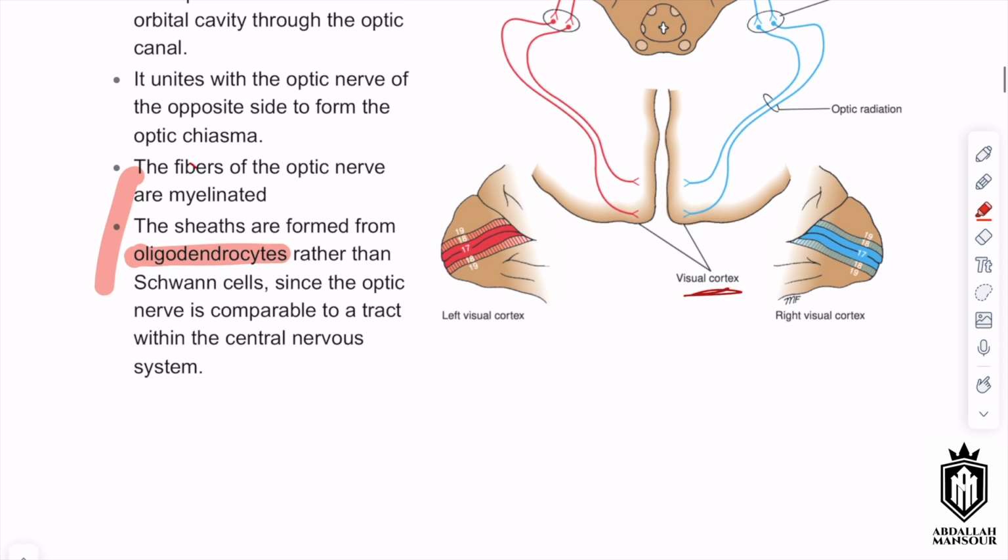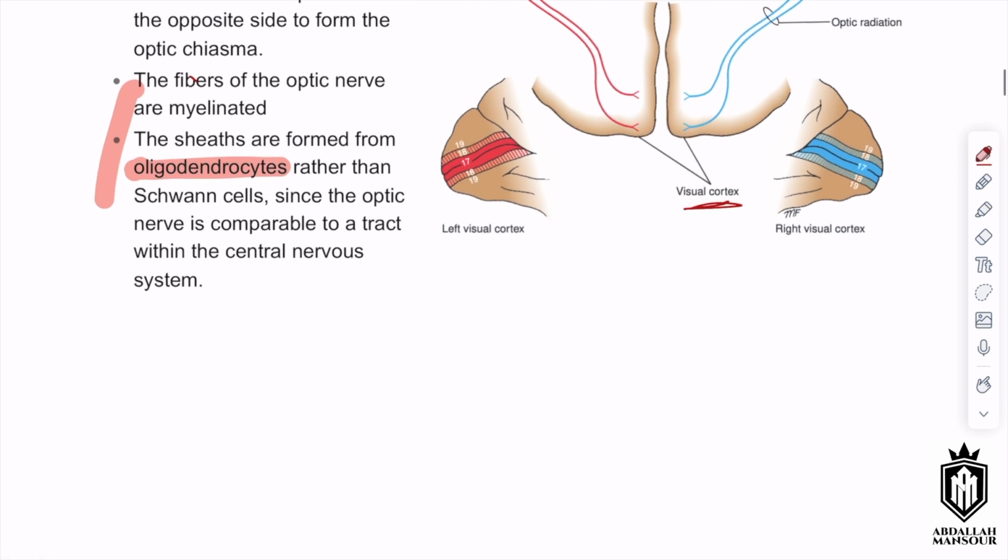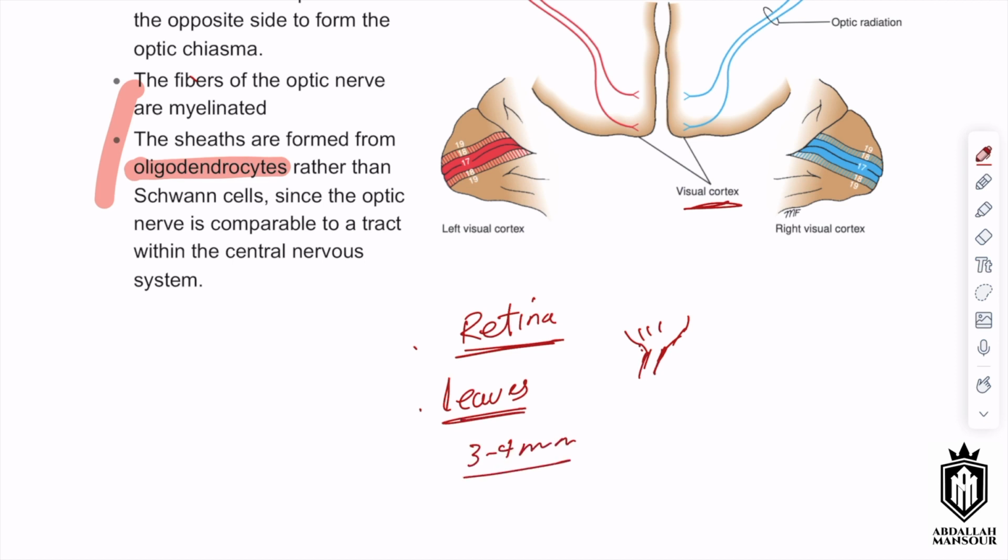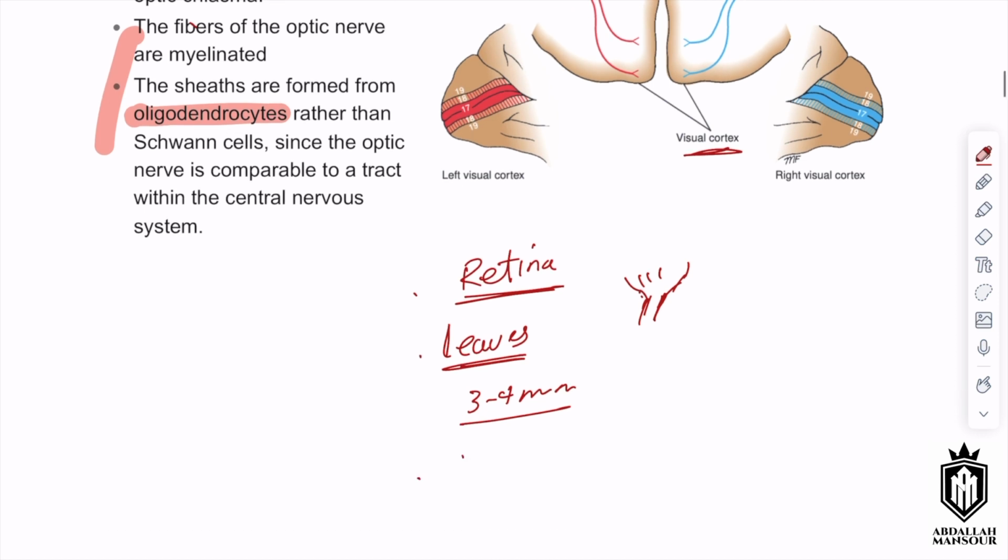What you need to know is that the optic nerve originates from the ganglionic layer of the retina, and then the fibers will converge to form the optic nerve, and then it leaves the eyeball through the optic canal just 3 to 4 millimeters towards the nasal side, and then it unites with the optic nerve from the other side to form the optic chiasma.